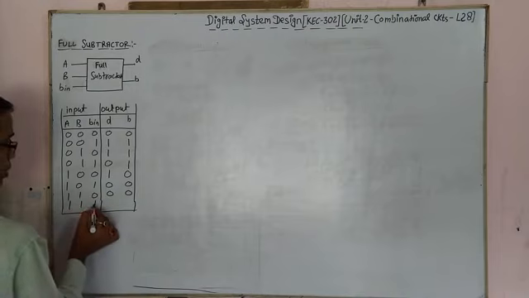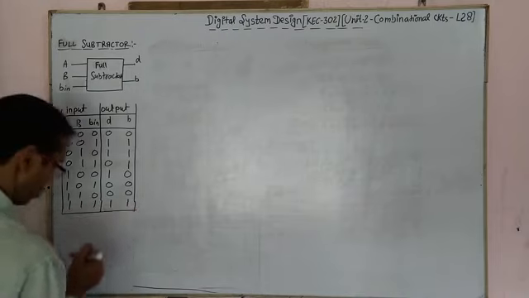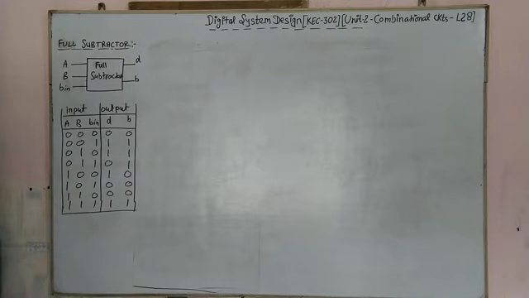And 0 minus 1 is 1 with borrow 1. So you can check this truth table.